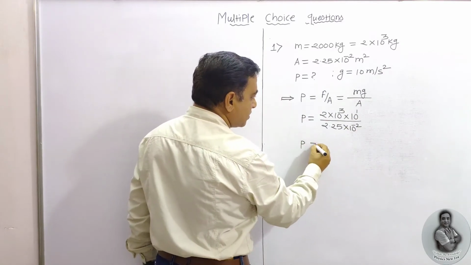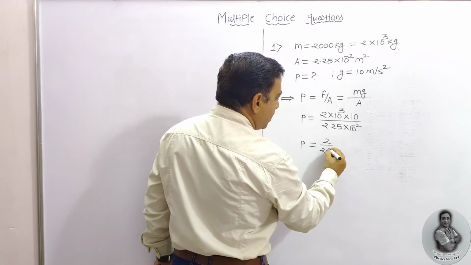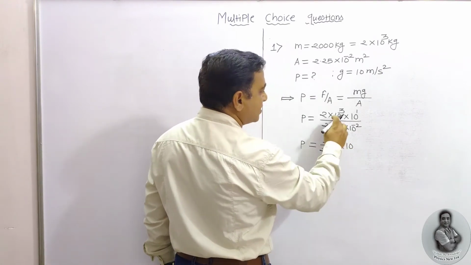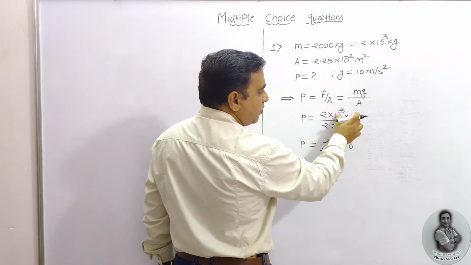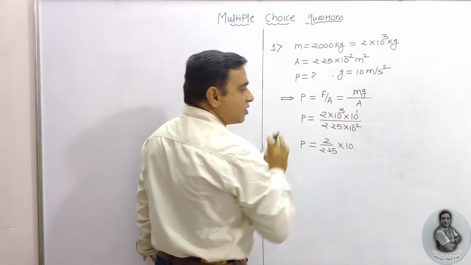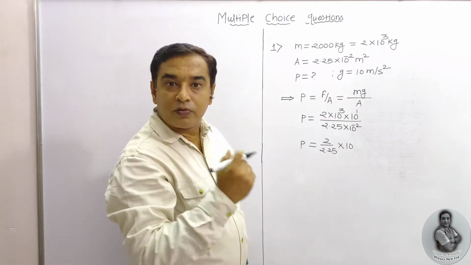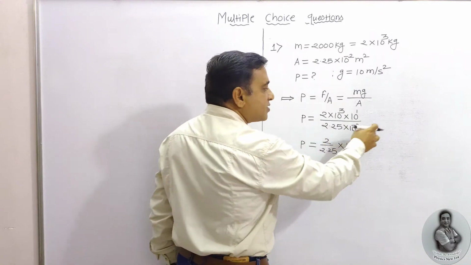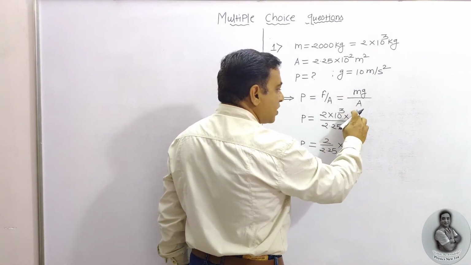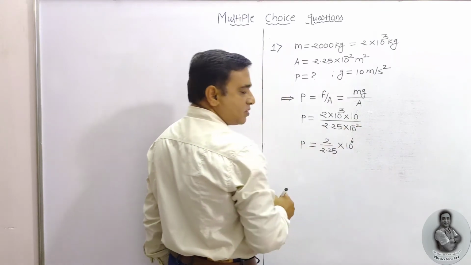After solving this, we got 2 upon 2.25 into 10 raised to power. In multiplication, powers get added. 10 raised to power 3 plus 10 raised to power 1 is 10 raised to power 4. Minus 2, taken from the denominator to the numerator, becomes plus 2. So 3 plus 1 is 4, plus 2 is 6.